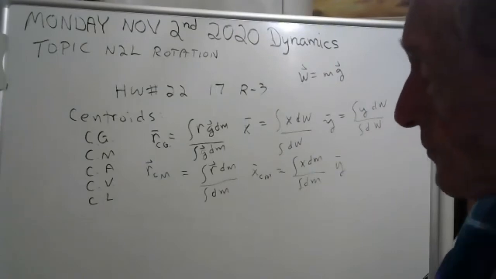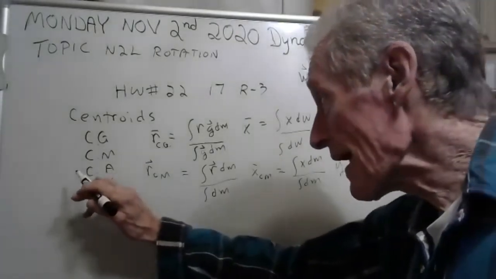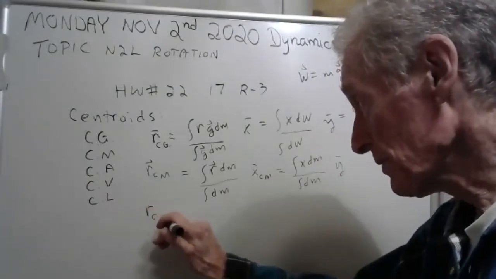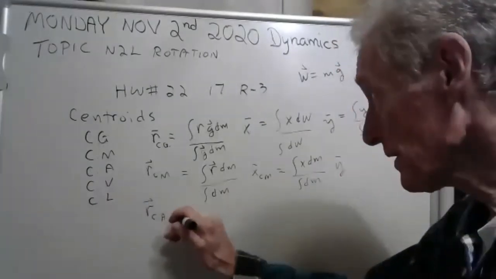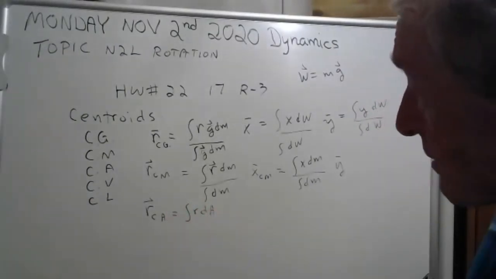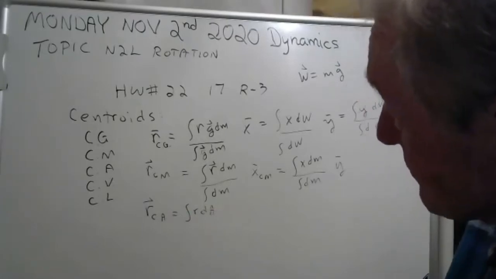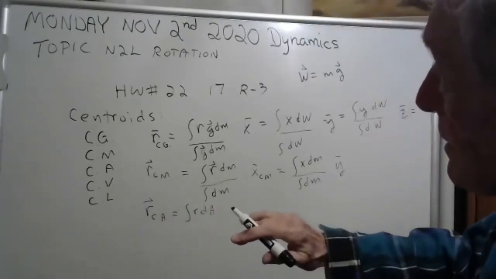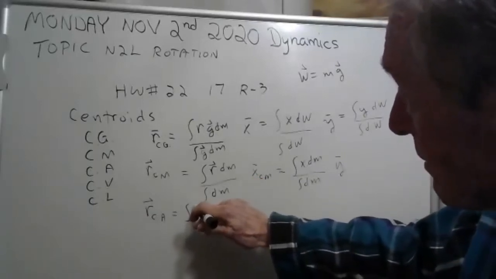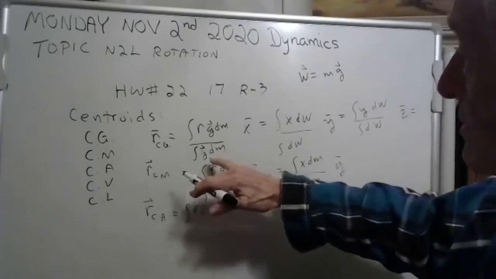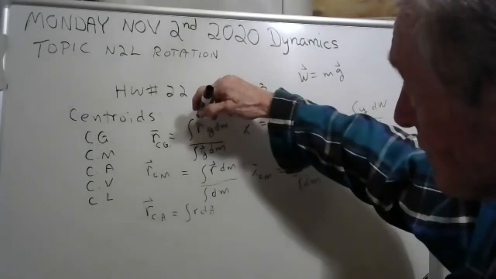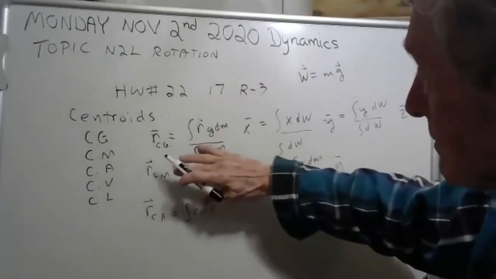same boring thing. And then there's a centroid of area. And the way it would look is like this. But instead of dealing with, I'm getting confused here. Where's my vector go? Well, it would really be the R, wouldn't it? What about these R's? I think I need my R there.